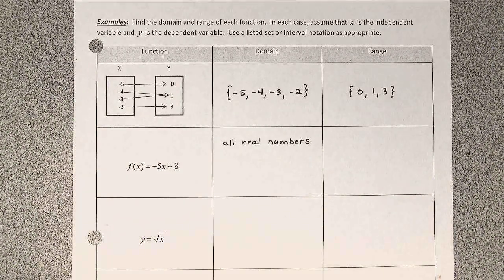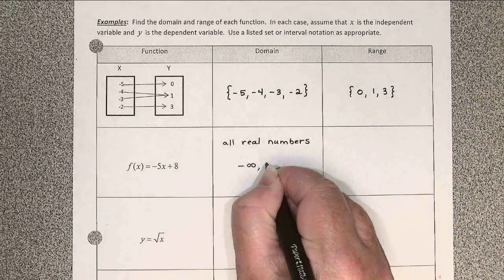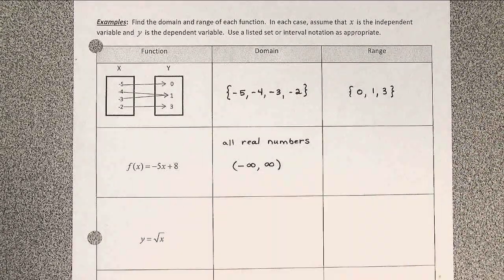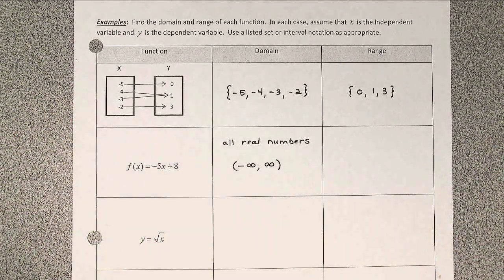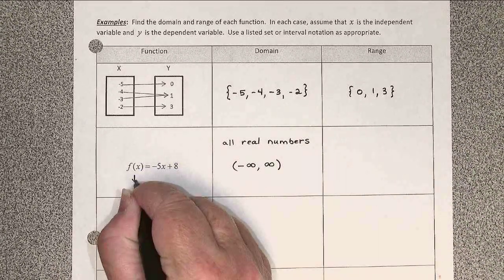A convenient way to write all real numbers is to use interval notation. I can say it's all the numbers from negative infinity to positive infinity. And I will use those parentheses on my infinities. I can use sort of the same argument for the range. Remember, f of x's function notation is just like y.